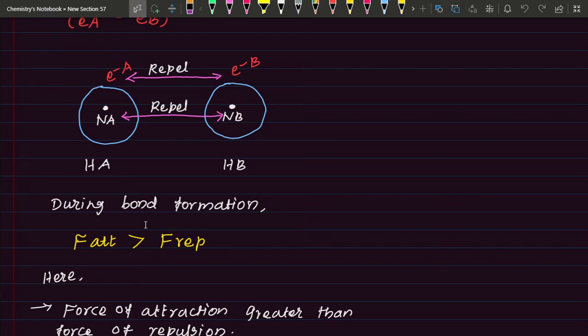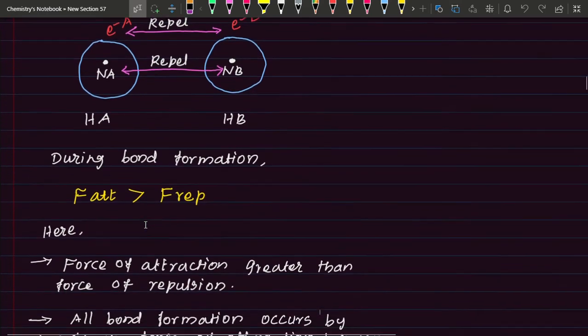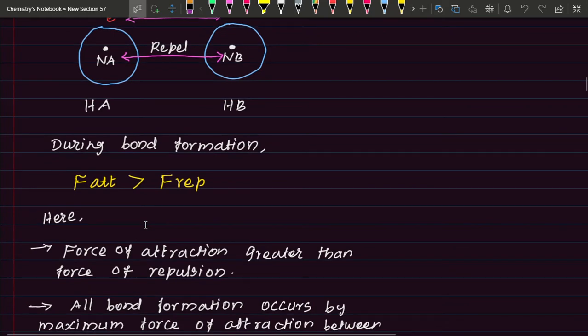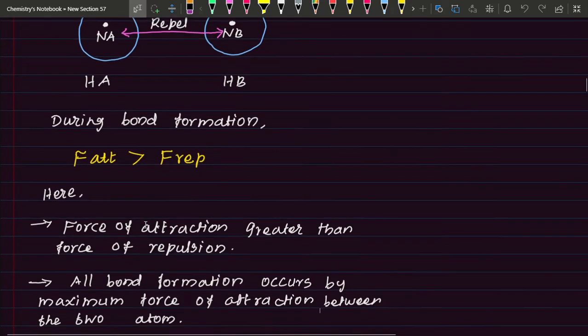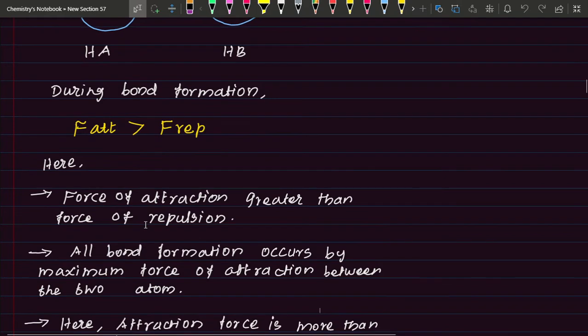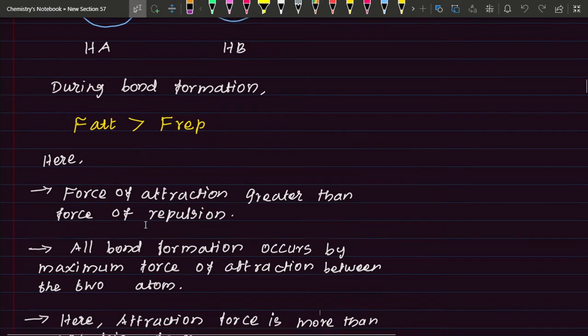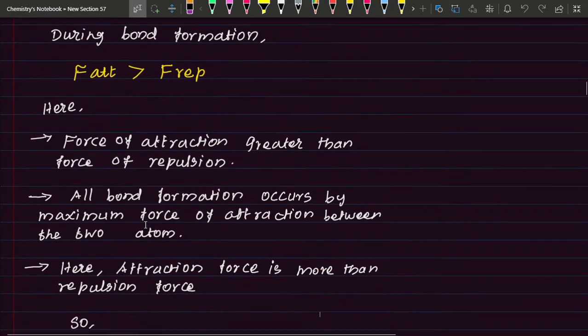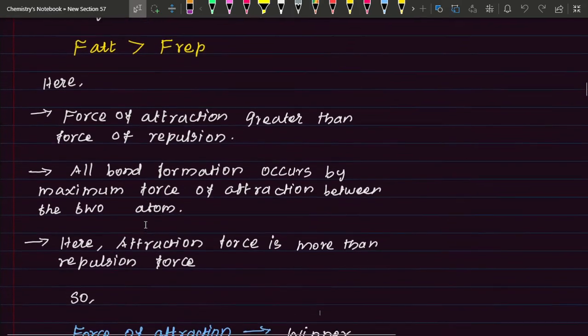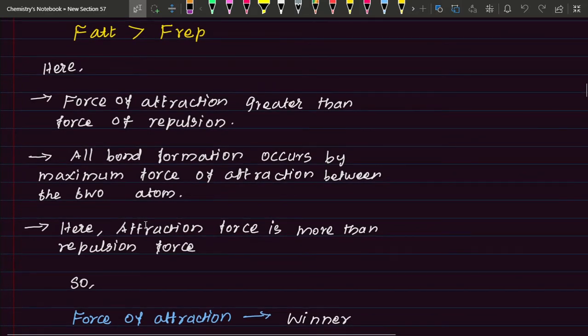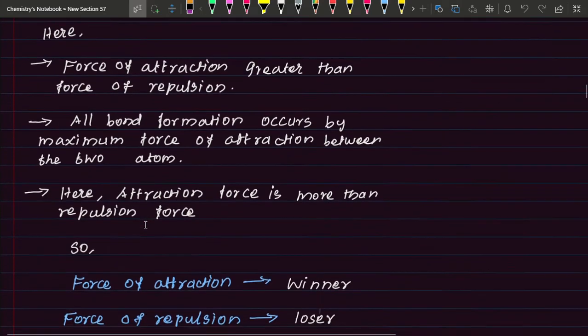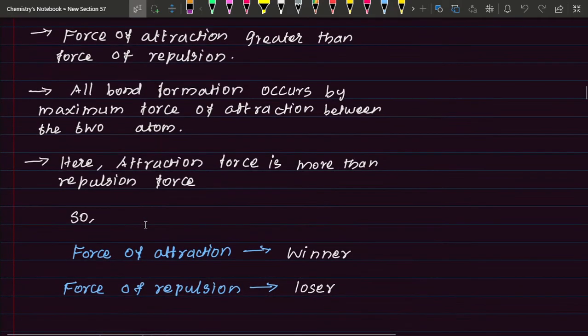Keep in mind, all bond formation occurs by maximum force of attraction between the two atoms. Here the attraction force is more than the repulsive force, so attraction is the winner and repulsion is lesser.